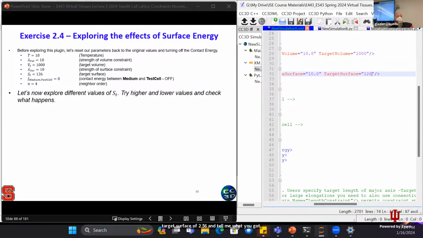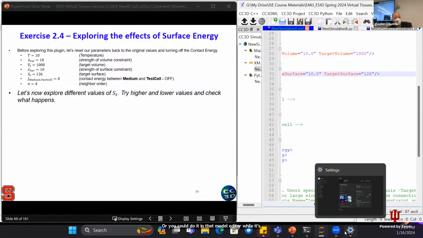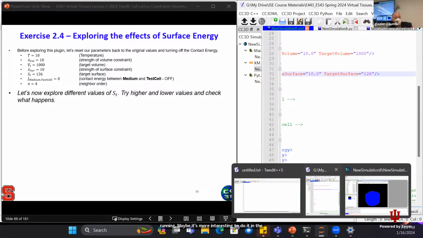And you can either do this again, you can edit this in the code that you got here, or you could do it in that model editor while it's running. Maybe it's more interesting to do it in the model editor while it's running. You can play with it more.